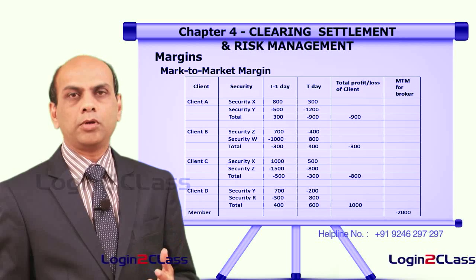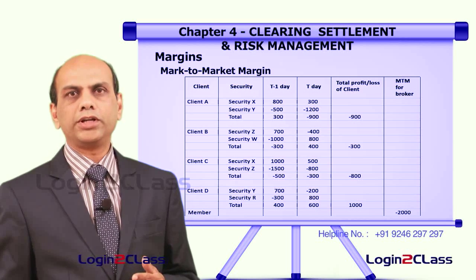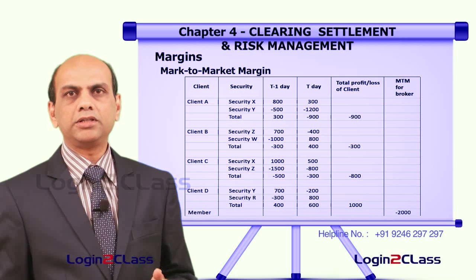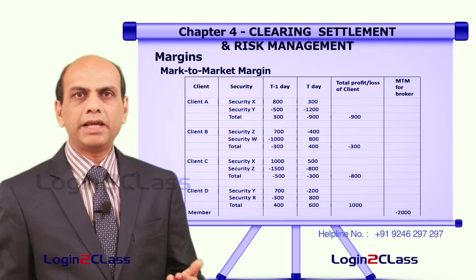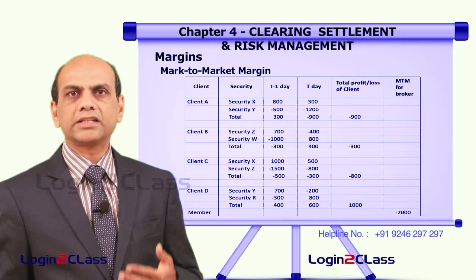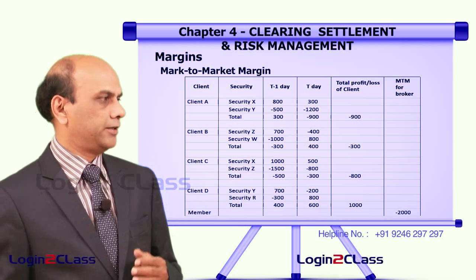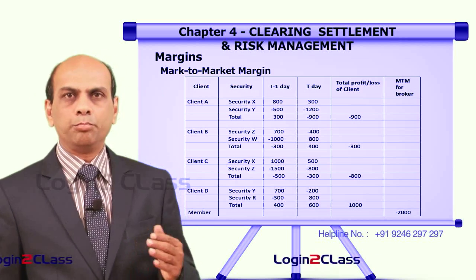So the MTM computed for client A for this trading member is 900 rupees for T day. That means he will be paying this 900 rupees the following day, that is, the day after T day. Now let us take client B.